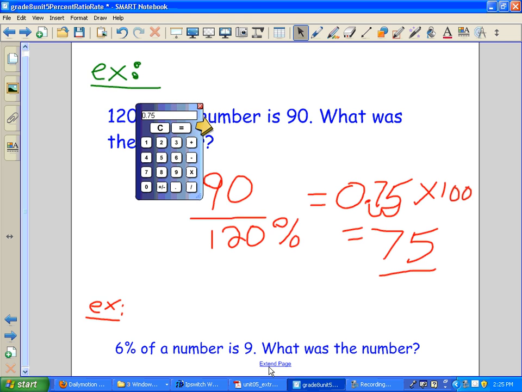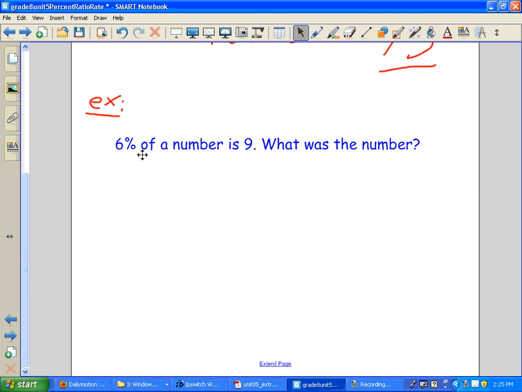Let's take this other one here again. It says 6% of a number is 9. What is that number? So I'll take the number I'm given, 9, I'll divide it by my percent, which is 6%, and that will give me what 1% is, because I'm taking 9 and I'm dividing it evenly between 6%.